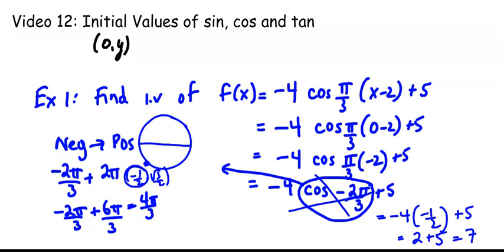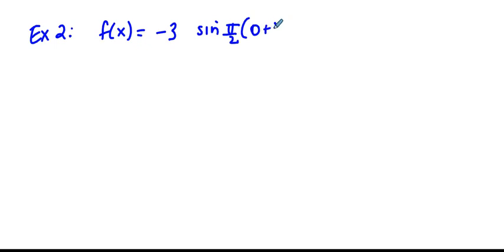Okay, so let's do the initial value of sine. That's very similar. So I have my function here. It doesn't always turn into a negative value. That was just one example. I don't want to do it in one step right away. I wanted to just show you the function first.